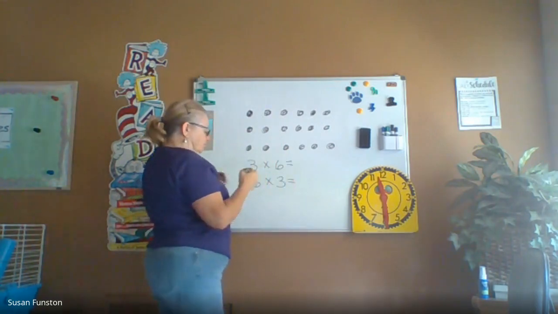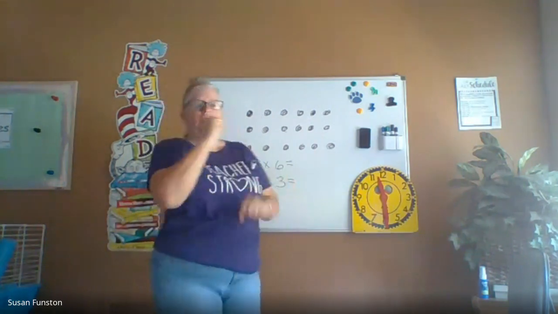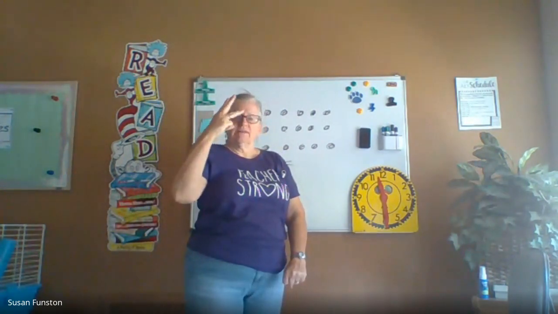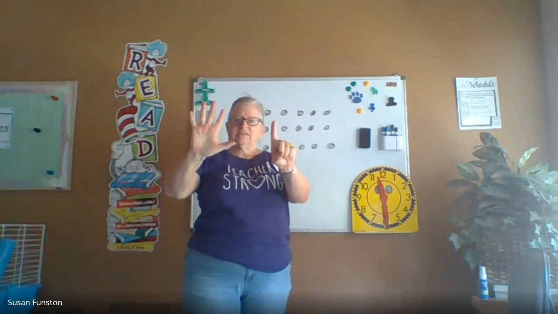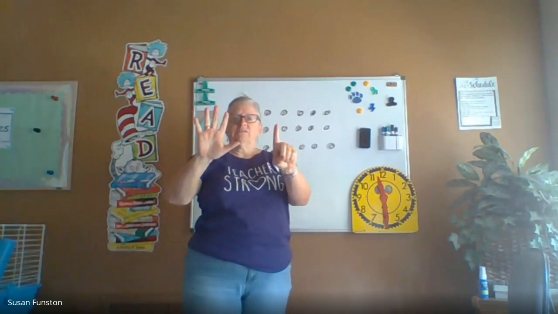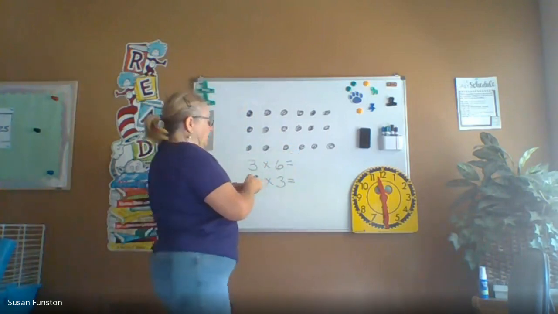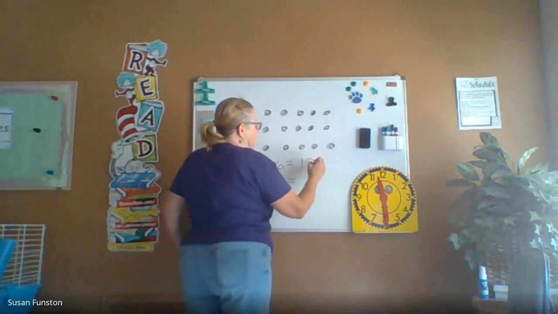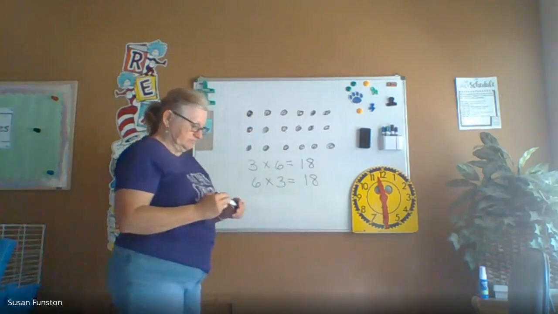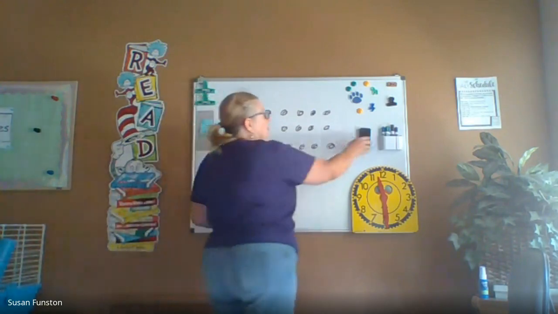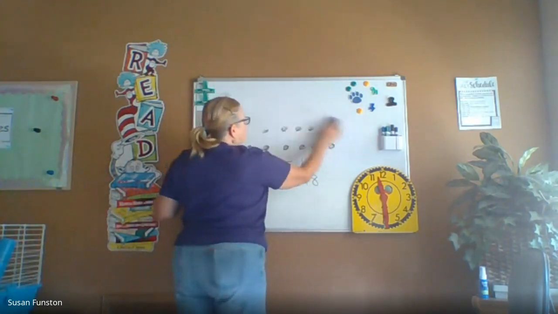So let's count by threes. 3, 6, 9, 12, 15, 18. There's my 6 skip counts, and I ended up at 18. So 3 times 6 is 18. Okay, so that's a little review of arrays.